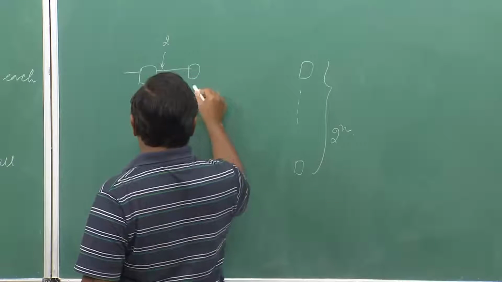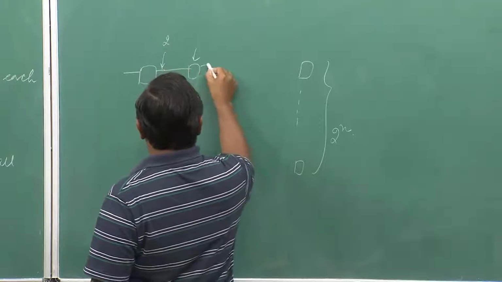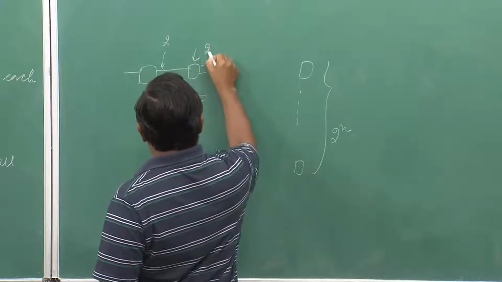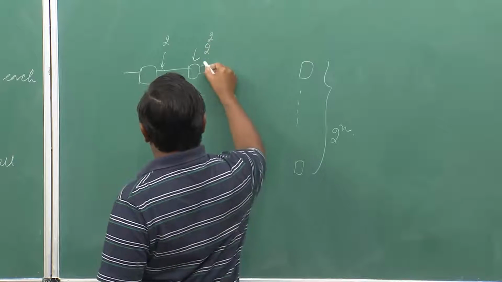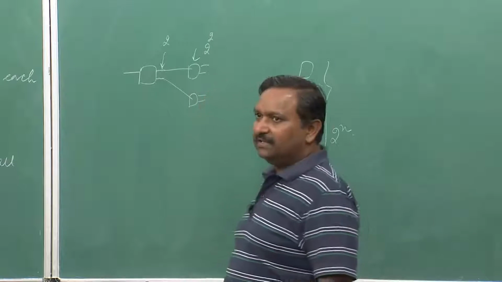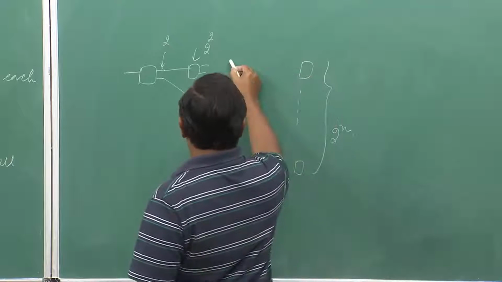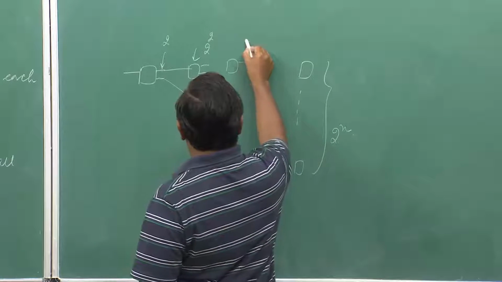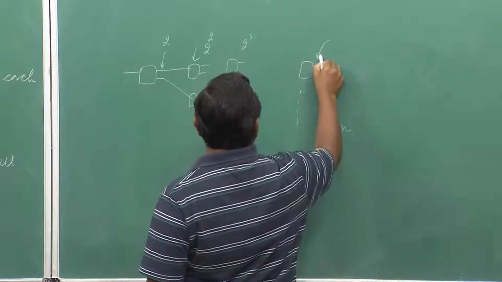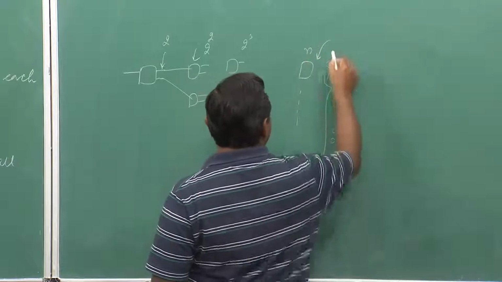So, this will be connected to now 2 switches here, which in turn will give me 2 raised power 2 number of ports which can be reached. Then if I go in this fashion, the third stage will give me 2 cube. So, by the time I reach the nth stage, this will give me 2 raised power n.